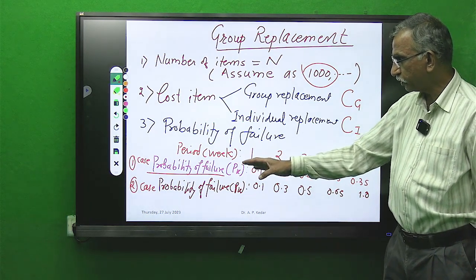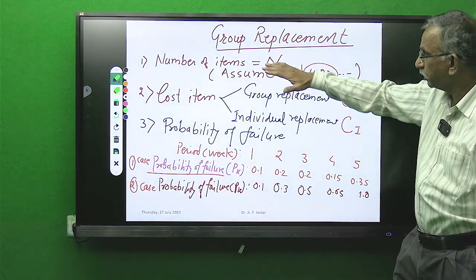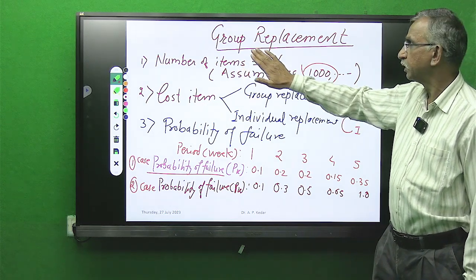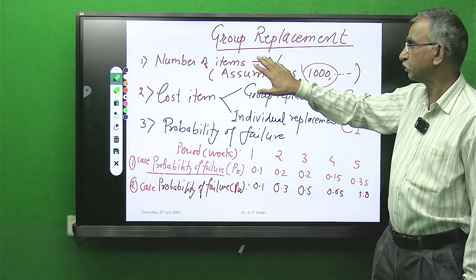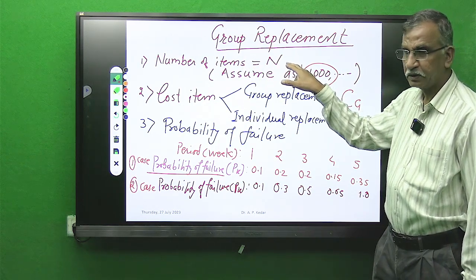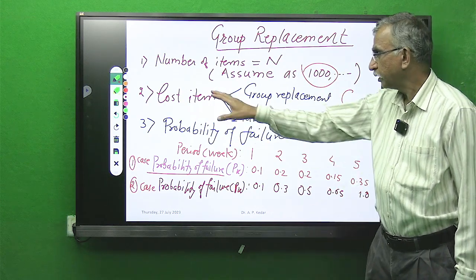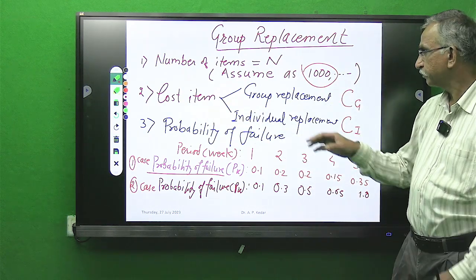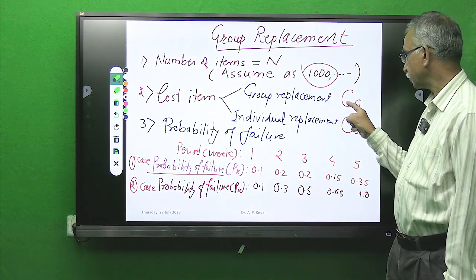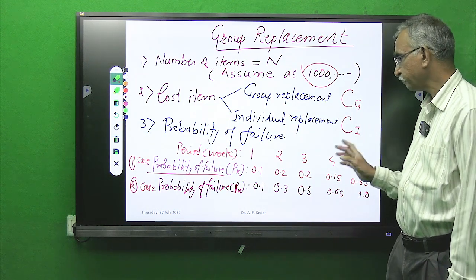I have given you the requirements when we want to analyze a group replacement problem. Under that, I need this data: the total number of items in the system for which I wish to carry out group replacement, abbreviated as capital N. If it is not given, I have said assume it as 1000. The cost of item is required: group replacement cost abbreviated as CG, individual replacement cost abbreviated as CI.